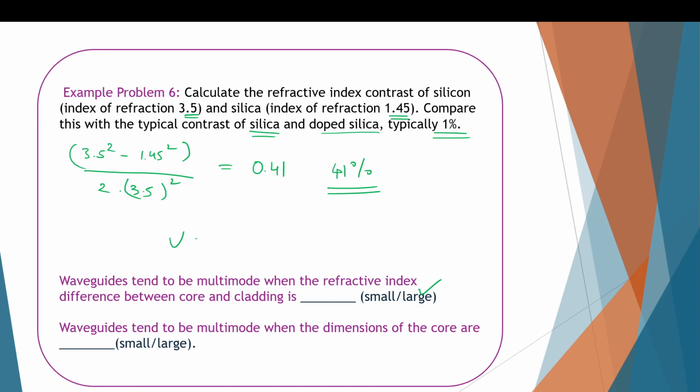If I just write the V formula, I think it will be very easy. It's large. So for single mode, we have to go towards smaller waveguides, or we can have a smaller refractive index contrast.